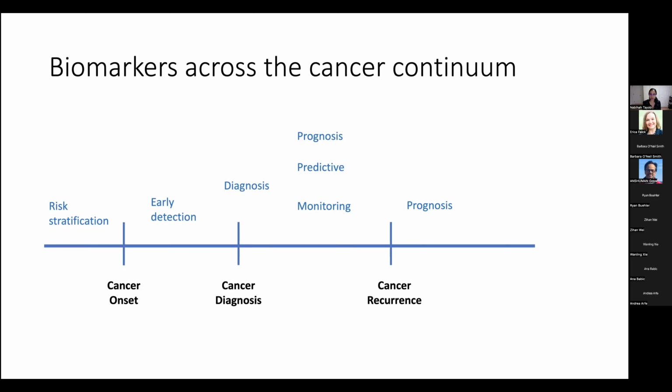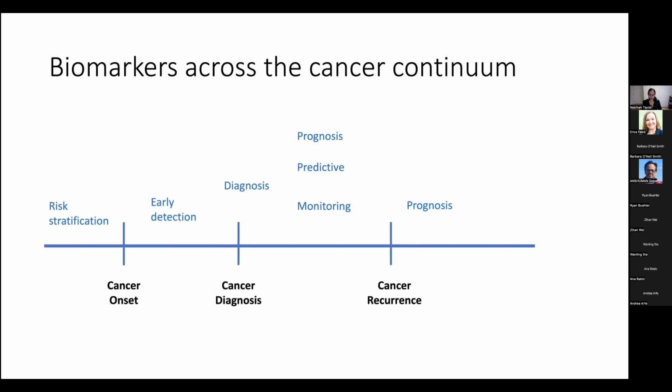How well is the patient going to do? Maybe if they have a particular marker, that tells you something about how their disease will progress. Predictive biomarkers are biomarkers that tell you about their potential response to treatment. That's the context we're using it here.